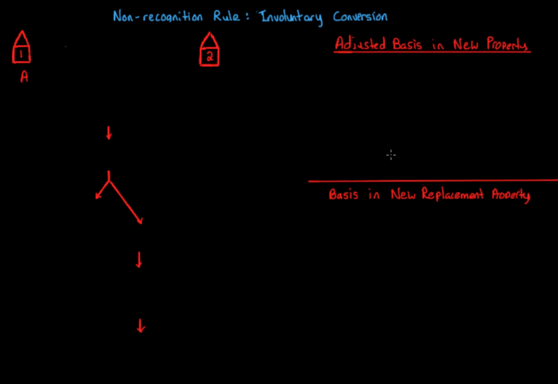Well, this provision in dealing with involuntary conversions provides a special non-recognition rule if you potentially would have had to recognize gain, the amount realized being the cash you would receive from the insurance company, minus the adjusted basis of the property. If there's a gain there, you potentially may not have to recognize that gain.